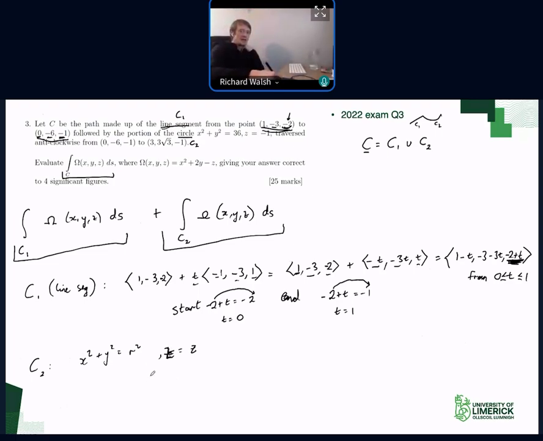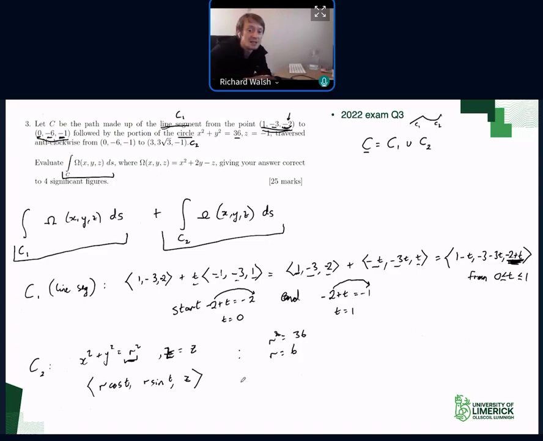So we parameterize it as r cos t, r sin t, and z. So r squared, like here, x squared plus y squared is 36, is the circle. So r squared equals 36. So r is 6. The radius of the circle is 6. Square root of 36 is 6.